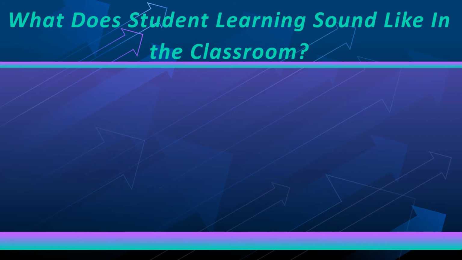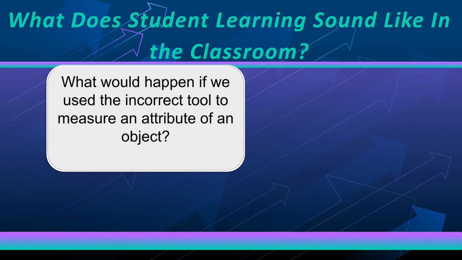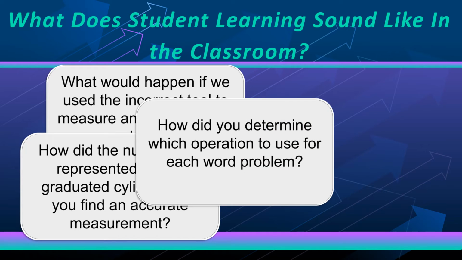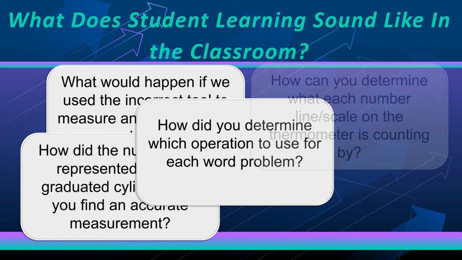Here are some possible discussion questions to get an idea of what learning might sound like in the classroom. These all come from the STEMscopes math chat cards. Questions about using the correct tool or incorrect tool to measure an attribute, how number lines connect to the graduated cylinder or other measuring tools. How do you determine which operation to use? This is going to be an important question throughout the whole unit.